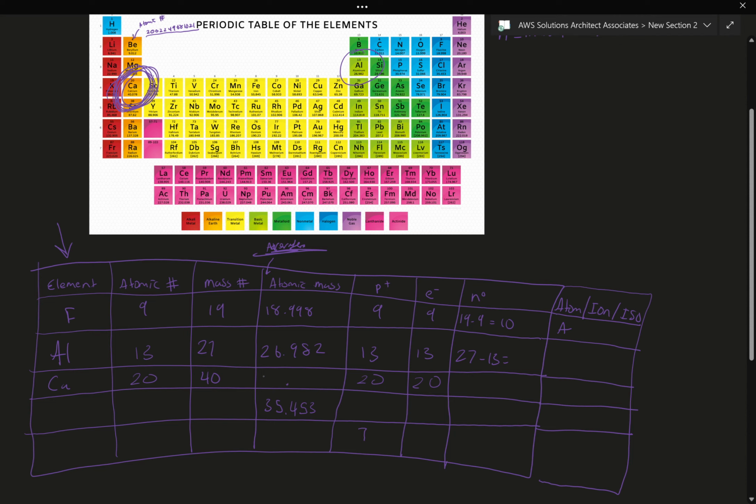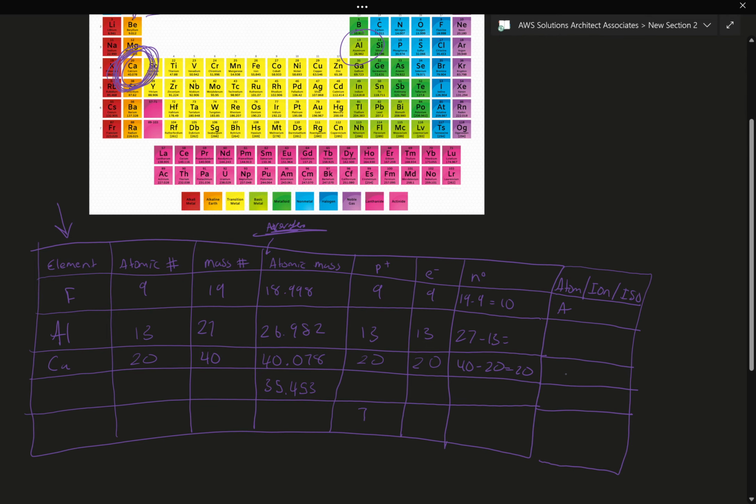And what is given to us is 40.078. To get the number of neutrons, we're taking the mass number minus atomic number. So mass number minus atomic number will give you 40 minus 20, which is 20. And these are really all atoms.